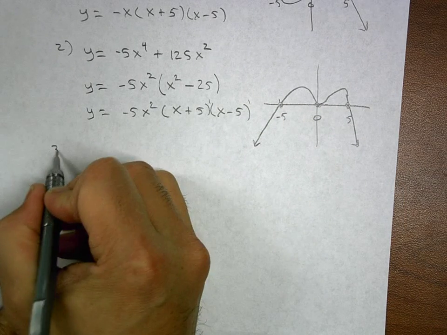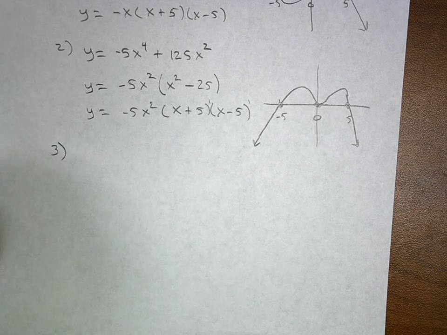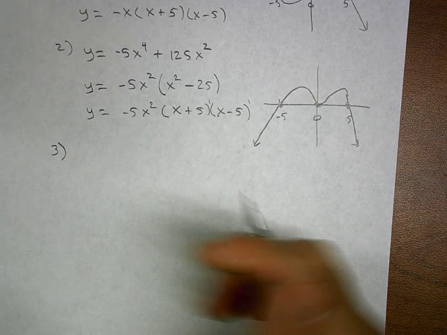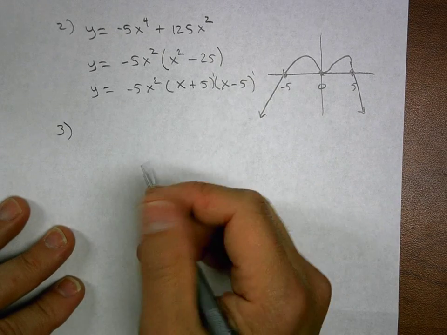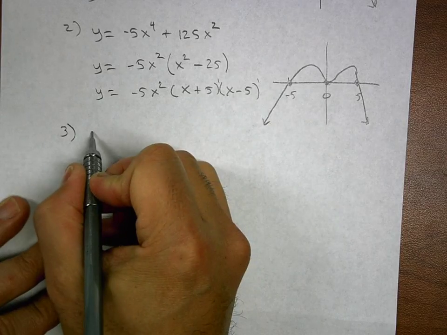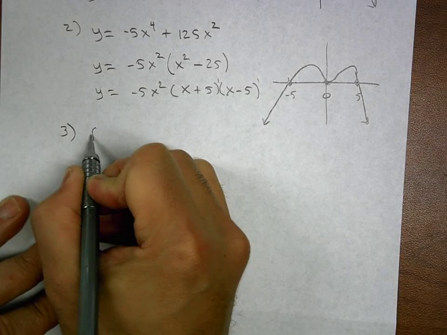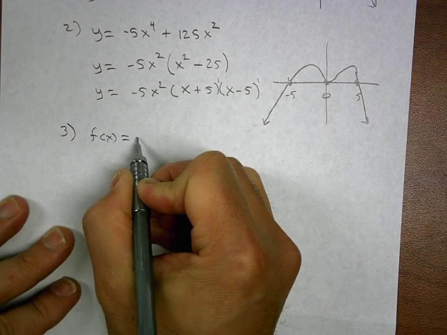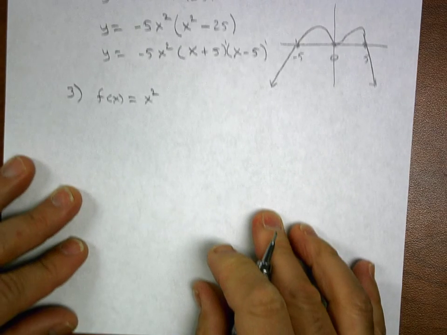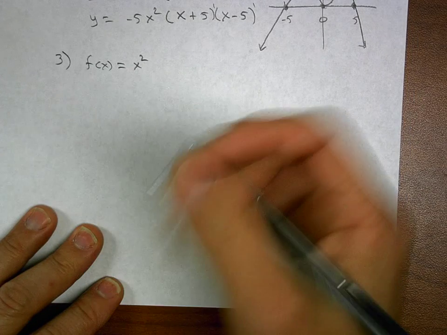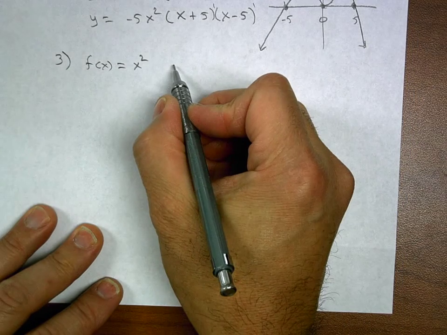Okay, number 3. Short notes. We only have 4 problems. Let's say f of x equals x squared. So this is written a little differently, same concept though.